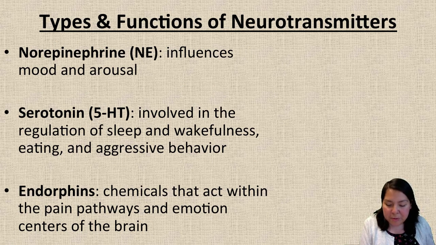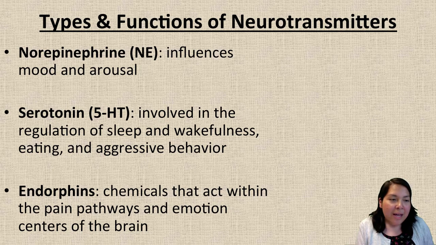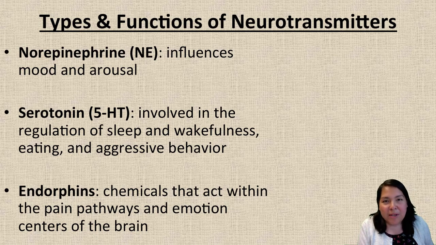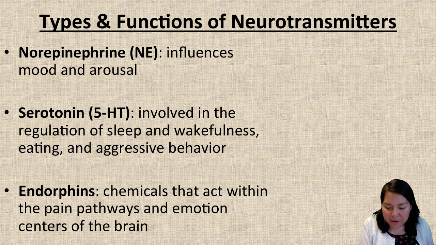Here we have three more neurotransmitters. The first one is norepinephrine, and this neurotransmitter is included in our fight or flight response. It's involved in vigilance, where we have these heightened states of awareness because we sense that there's danger in our environment. Later we'll talk about an example of if we have to speak in front of class or a big crowd of people that we don't know.